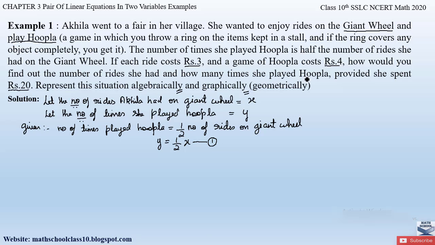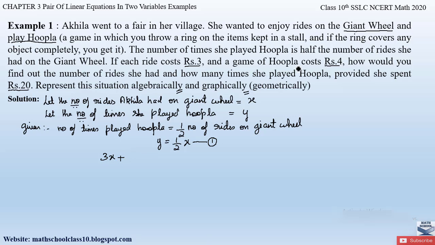Then the second condition given in the question is, each ride costs rupees 3 and a game of hoopla costs rupees 4. Since she had x times ride on giant wheel, we will take the total money as 3 into x. So 3x is the total money she spent on the giant wheel, since per ride she paid 3 rupees.